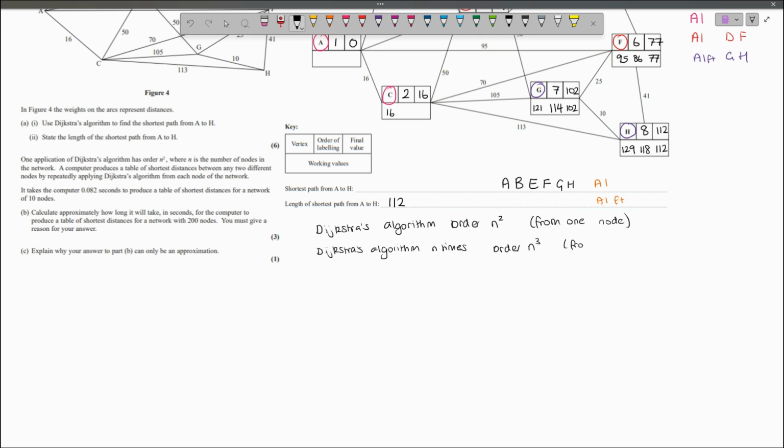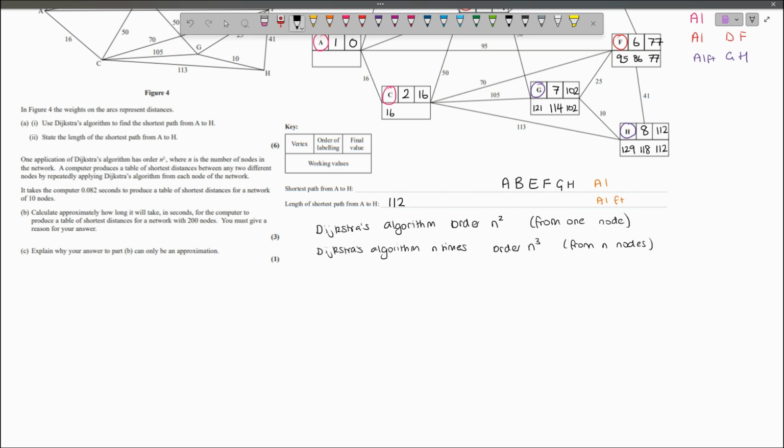And this is from n nodes. And this is the scenario in the question. We're doing Dijkstra's algorithm multiple times, repeatedly applying Dijkstra's algorithm for each node in the network to produce a table of shortest distances. So this scenario has an order of n cubed.